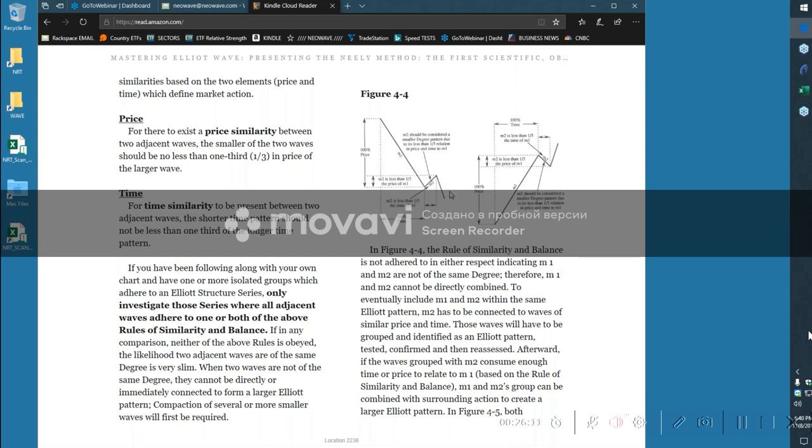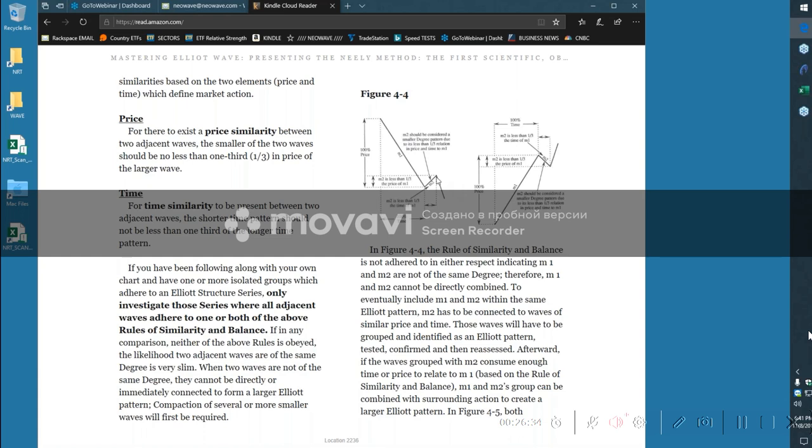In this case, if it rallied a little bit here, then the amount of time would start to approach the same time as this. So it'd be approaching 100%, which means this pattern could be considered the same degree as this pattern, but this would be a smaller correction, an ABC, completing a pattern that is now the same degree as this, and now these can be connected together.